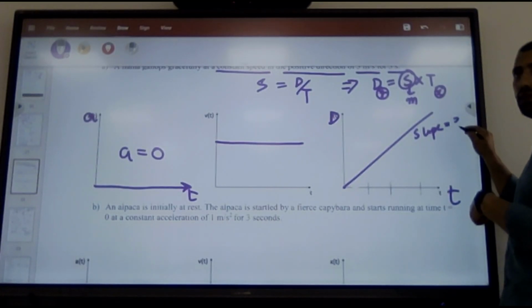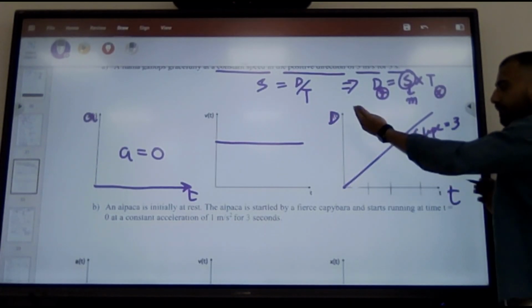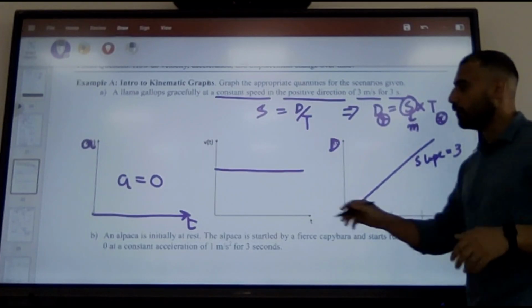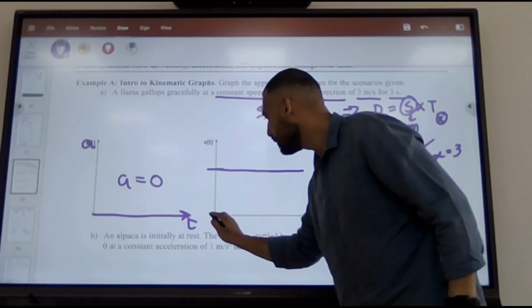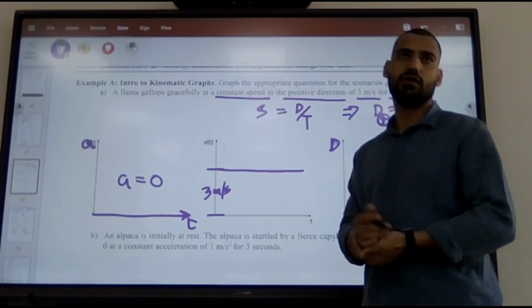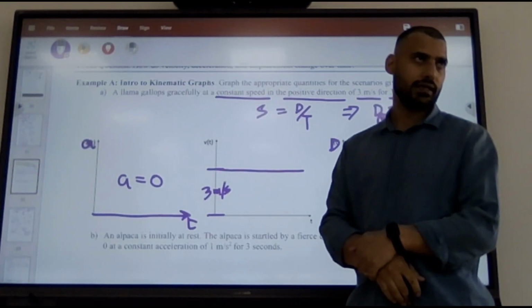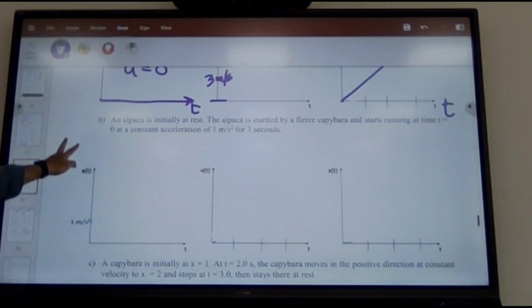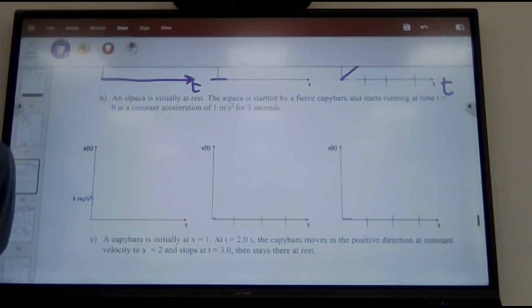Yes? 3. Because the slope of the distance time graph is speed, and speed is given. How much will this be? This will also be 3. Isn't it? Constant. Is that clear? Any doubt in this? If this is clear, can you plot this at your places?